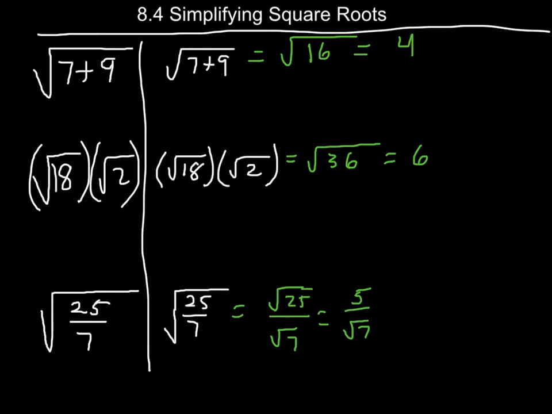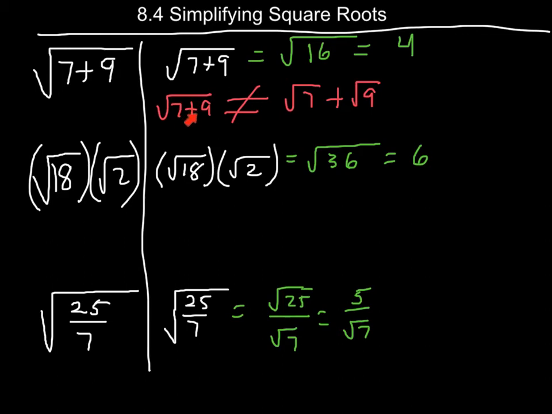I'm going to jump back here, and I suggest you put some fifth color in. This is not okay. The square root of 7 plus 9 does not equal the square root of 7 plus the square root of 9. While it is okay to split this problem into two separate square roots, it's not okay to split this one.